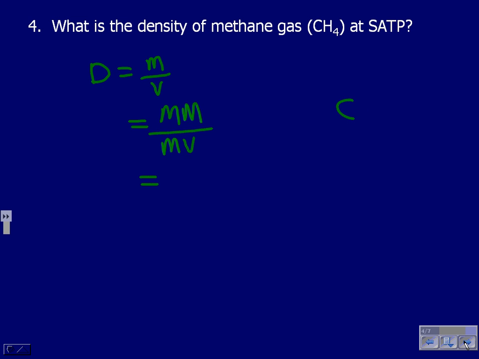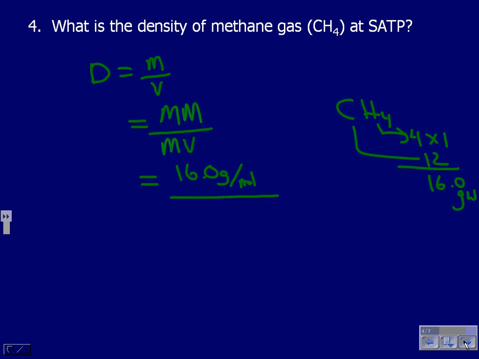Mass of CH4: 4 times 1 is 4, plus 12, that's 16 grams per mole. 16.0 grams per mole divided by, and this is SATP, 24.8, and this is liters per mole.